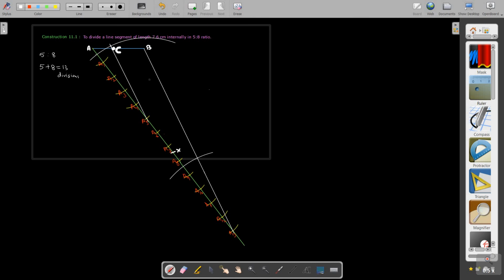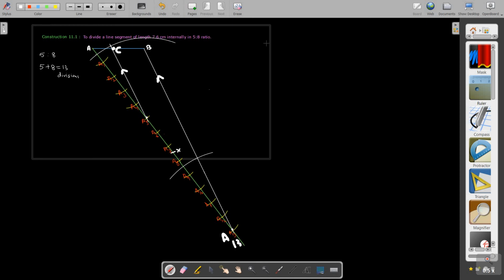So you see, we have done the construction. A13 is here in this location. This last arc is A13. I just placed a dot there. We get the point C on AB that divides AB in 5:8 ratio.